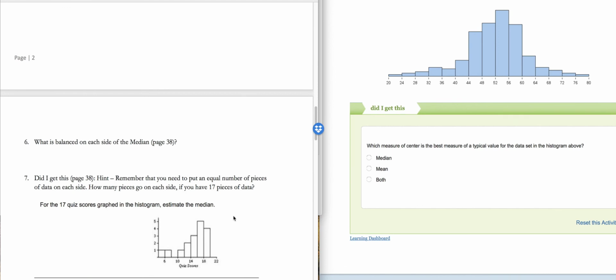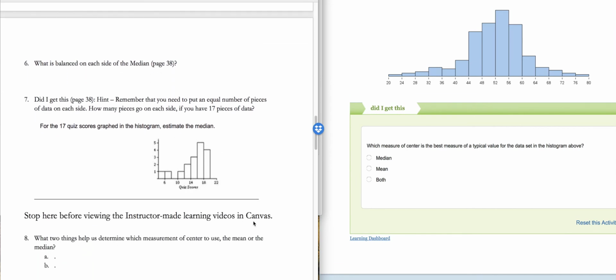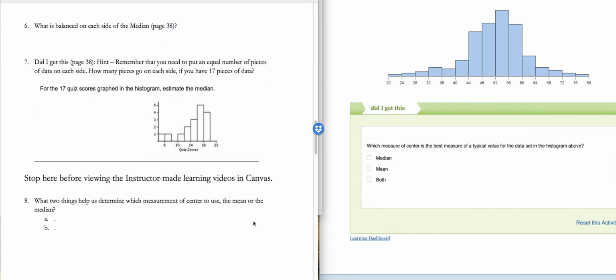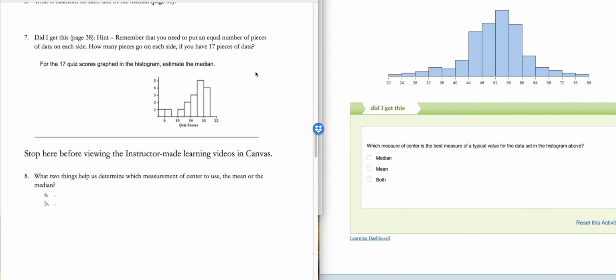Moving on, our second measure of center to address is the median. The median is balancing the number of pieces of data on each side. So the mean balances distance, and the median balances number of data values. So for this Did I Get This activity, 17 pieces of data means that you will have 1 in the middle and then 8 on either side.